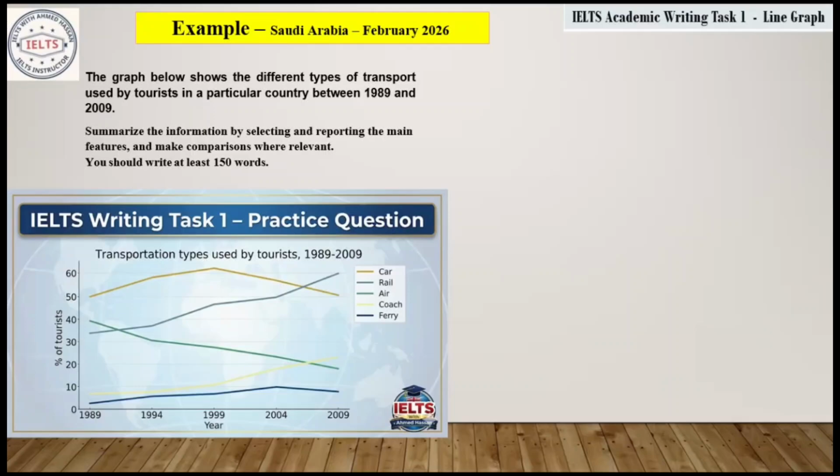More than 150 and less than 200, or 200. 170, 180, 190. But you should bear in mind that if you write more, you will get more mistakes. The more you write, the more mistakes you will get. So write about 170 or 180 or 190 as a maximum.